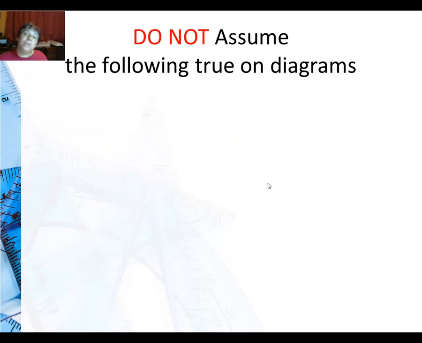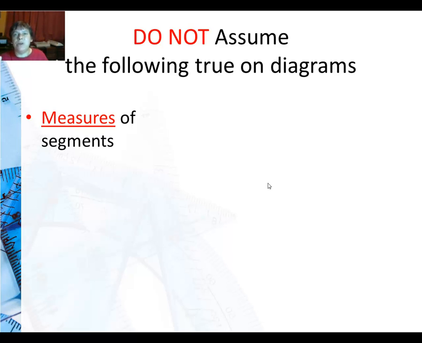You cannot assume the following is true on diagrams. For example, the measures of segments. Don't go getting a ruler and measuring something. We normally don't do that kind of problem unless it's a special scale drawing. Don't assume measures of angles. So if we draw a picture and it looks like it's acute, it could actually be obtuse. Or if it looks obtuse, it could be acute.